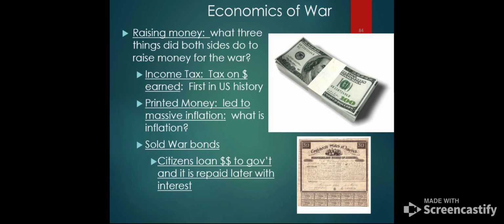So that money goes to the government. They use that to build or to buy a uniform or to make a gun. And then 5, 10 years later, bonds can last a certain amount of time. But let's say 5 years later, the government pays me back my $5 plus I make interest on it. So I make a little bit of money.